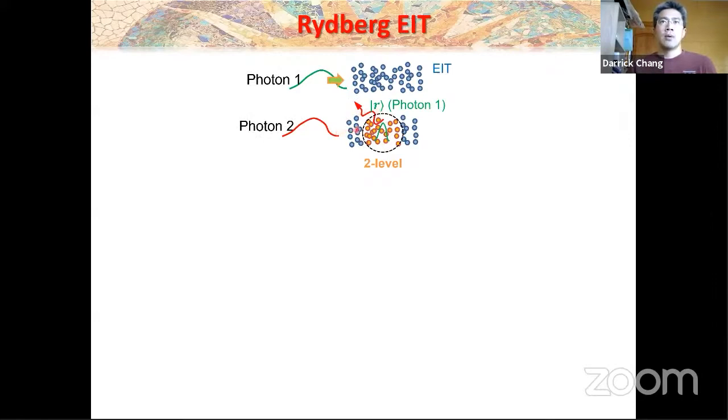As this photon propagates through, if it is far away from the first, it propagates in a transparent fashion due to EIT. But once it enters the so-called blockade radius of the first excitation, it no longer sees EIT. It sees a two-level medium instead, and this two-level medium is going to efficiently scatter this photon into 4 pi. So it's effectively going to be lost.